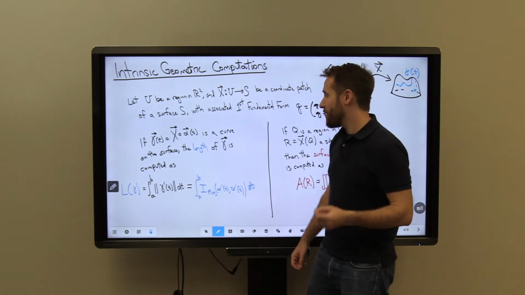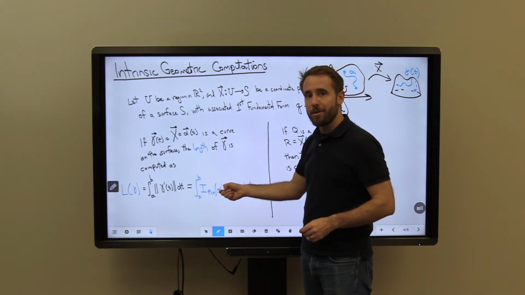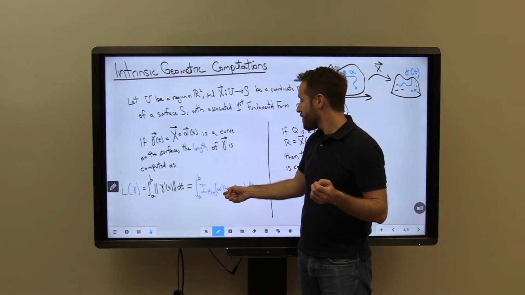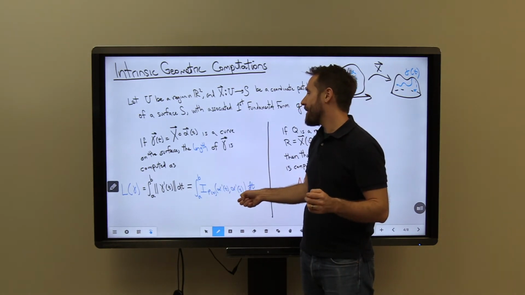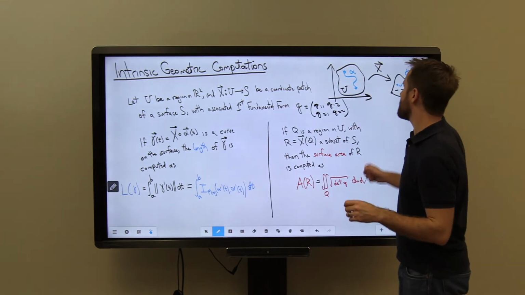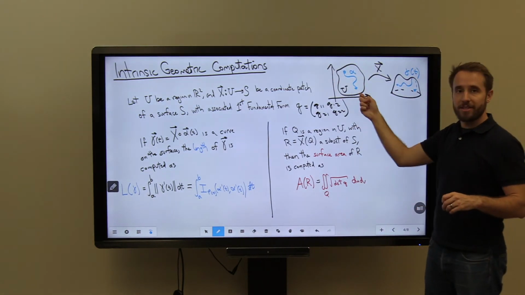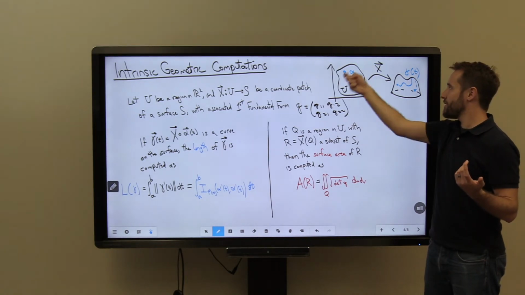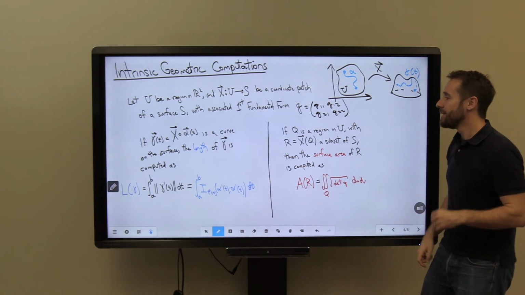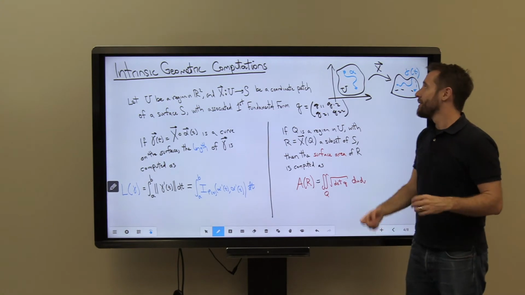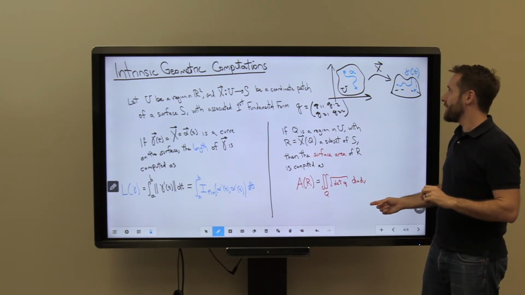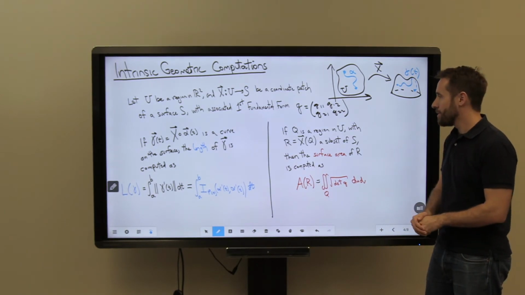But we now know that we can compute this using the first fundamental form evaluated at each point of alpha prime comma alpha prime. So I can now compute this just by looking in this coordinate system right here, just looking in this U and computing the first fundamental form at each appropriate point with the vector that I'm plugging in corresponding to alpha prime.